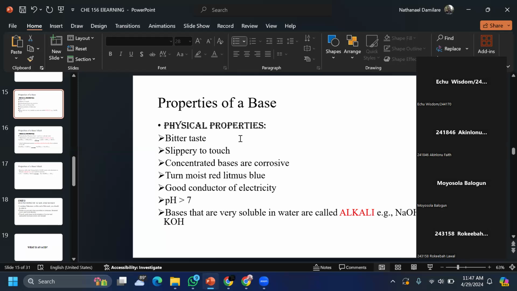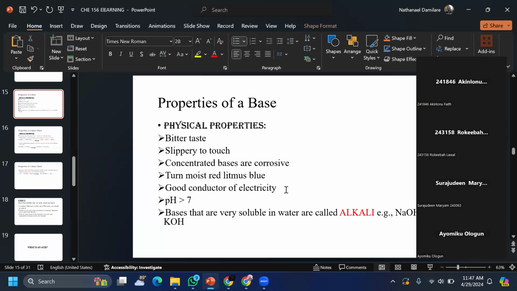And unlike an acid that turns blue litmus paper red, a base can turn moist red litmus paper blue. That is, if you have a blue litmus paper and you put it in an acid and it has turned red, you can take that litmus paper and put it back on the base. It should be able to turn to blue. That's what a base can do.